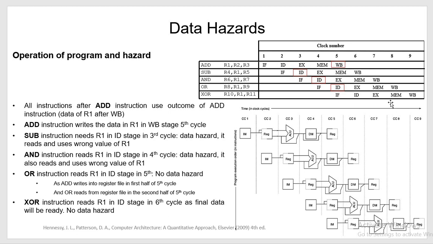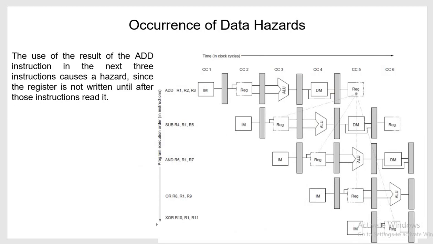For the XOR operation, the data is required in the sixth cycle, and by then the data of R1 will be available. So there will be no problem reading the data of R1 in the sixth cycle. In this particular problem, there will be a hazard for instruction number 2 and instruction number 3.